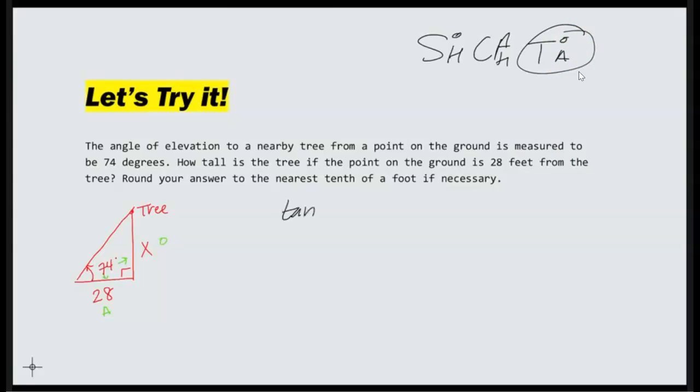So we're going to have tangent of 74 degrees is equal to the ratio of the opposite, which is X, over my adjacent, which is the 28. From here, to get X by itself, I'm just going to multiply by 28 on both sides.